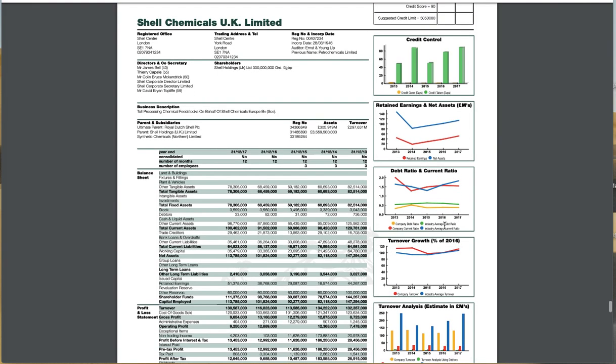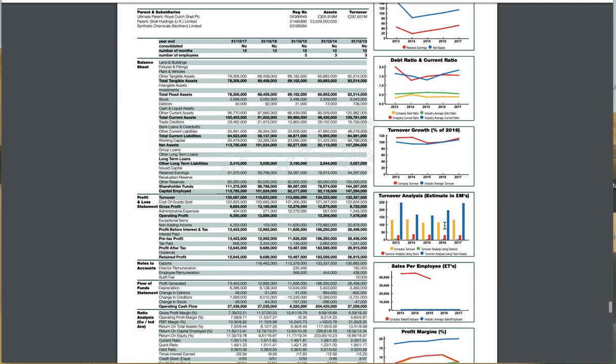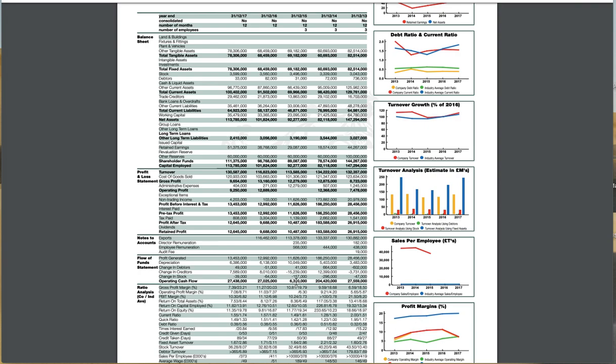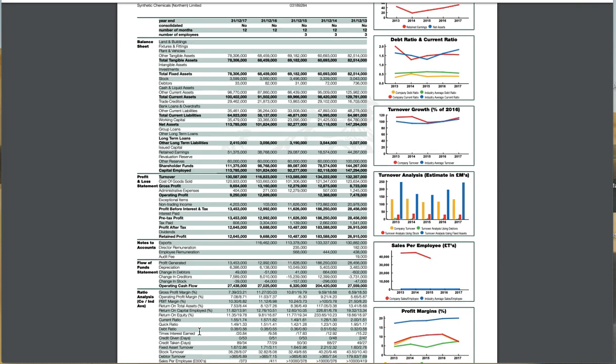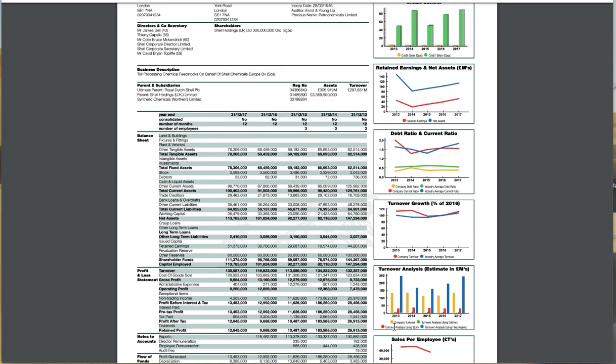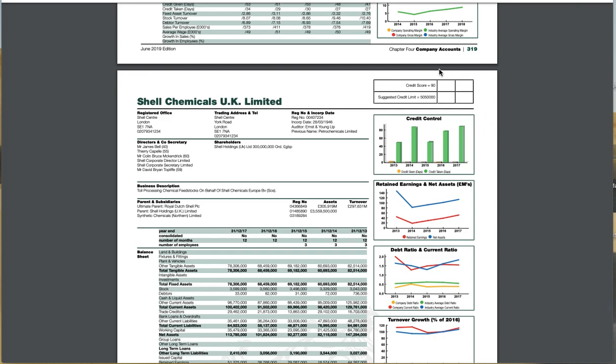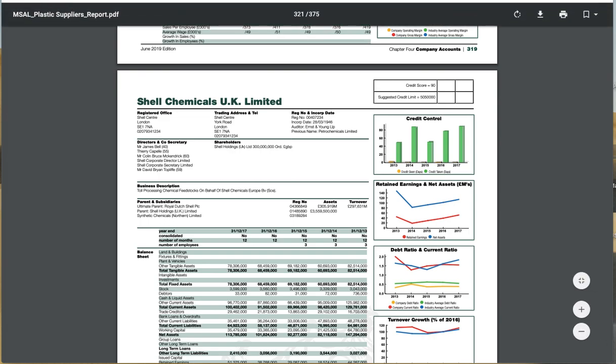So there's the information on Shell Chemicals in detail now, with the industry analysis in terms of ratio analysis to compare companies of different size. Also the trend analysis, which shows you the company's results against the industry averages, and also the credit information for any of those companies. So this is the detailed company analysis.